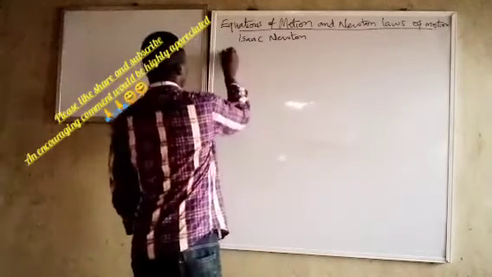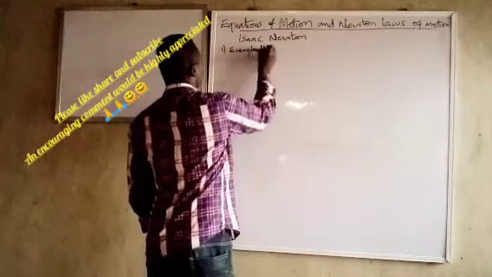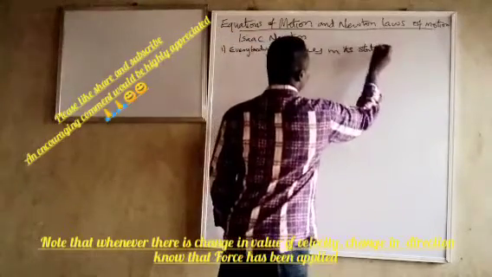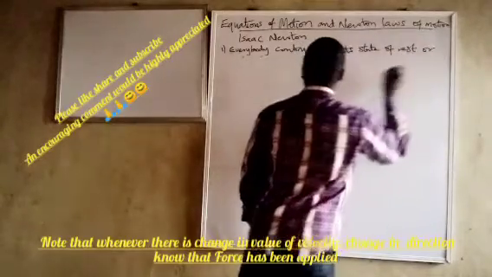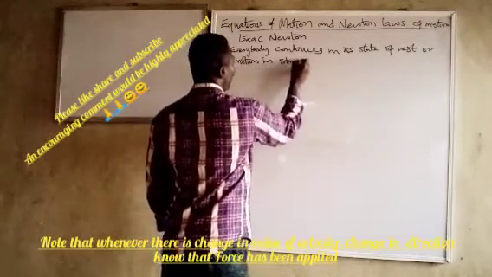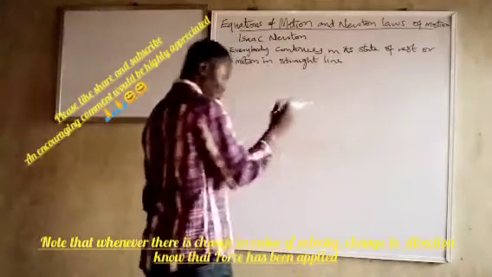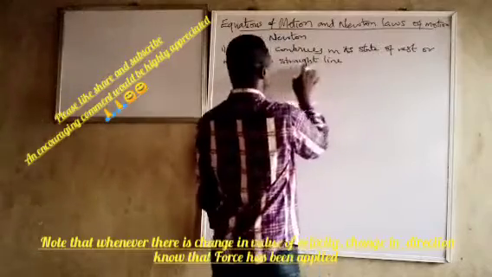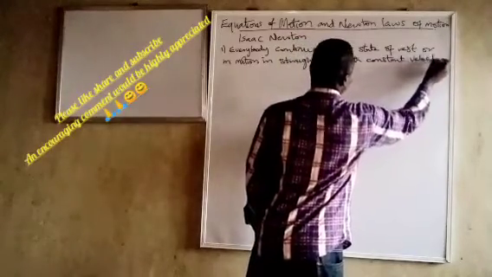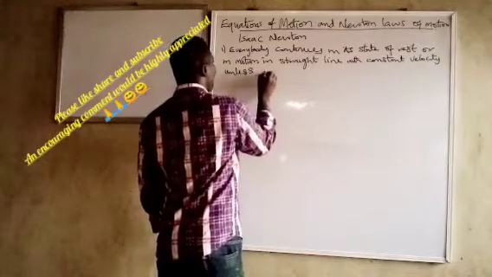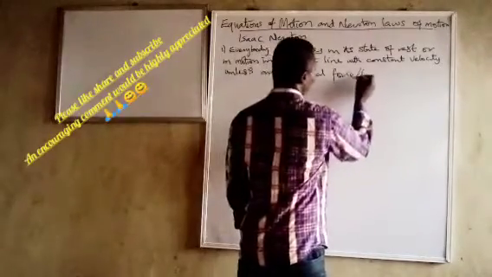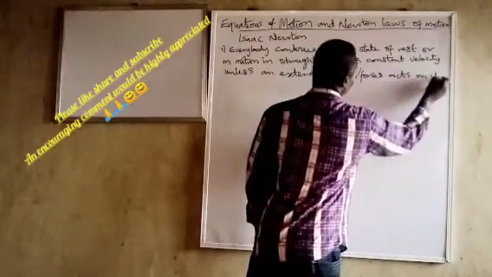The first one says, every body continues in its state of rest or in motion in a straight line with constant velocity, unless an external force or forces act on it. What does this really say?